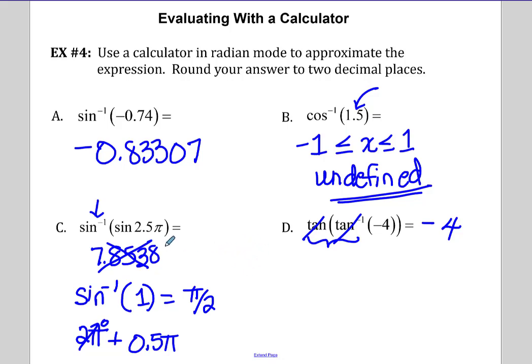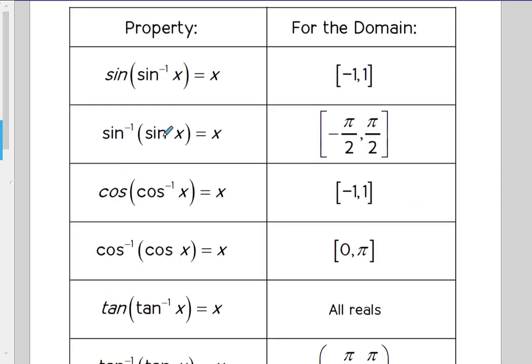Remember, if I'm doing sine inverse of sine, we can go back to that original table on that first page. We got sine inverse of sine. Our answer has to fall between -1.57 and +1.57.